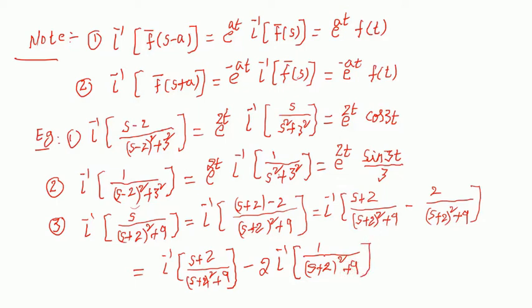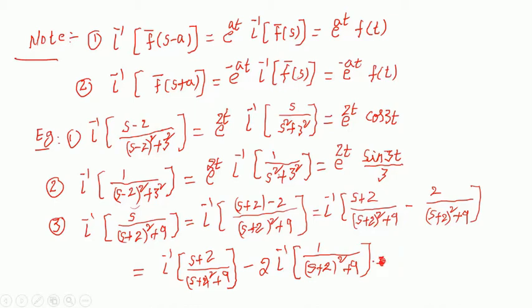So this is equal to, see here in the place of s what is there, s plus 2. So when we put s plus 2, we have the e power minus 2t term. Now here what I can write, okay, I will write in the next step.